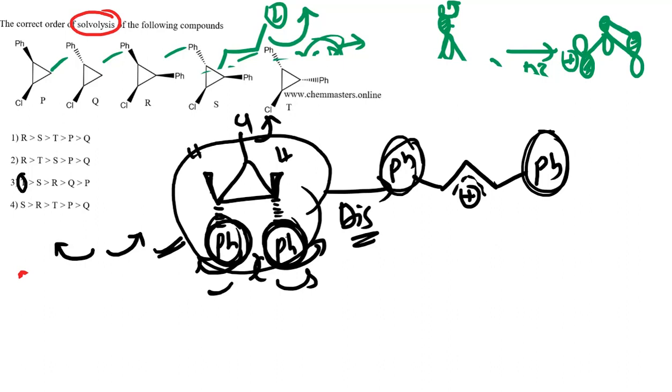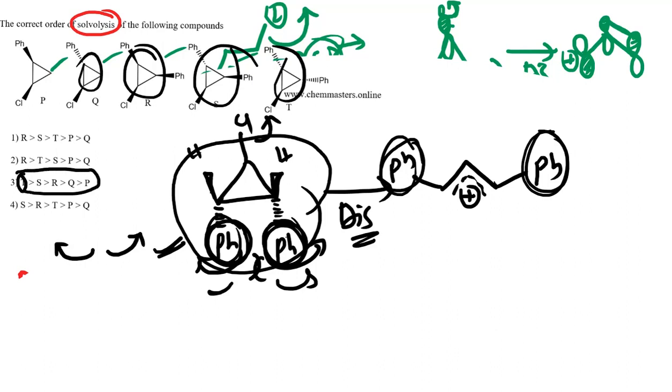Just do the same thing on all the others, and by observing this, you can say option 3 is the correct answer. Apply it on all the given compounds. Whenever substituents are increased on the cyclopropyl ring, the strain increases, and it is ready to produce its allyl cation.